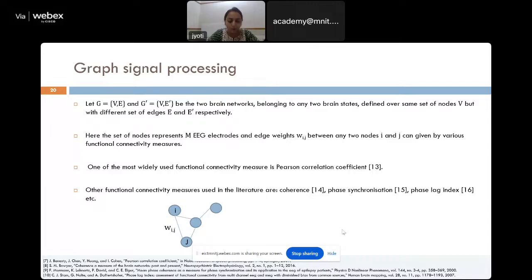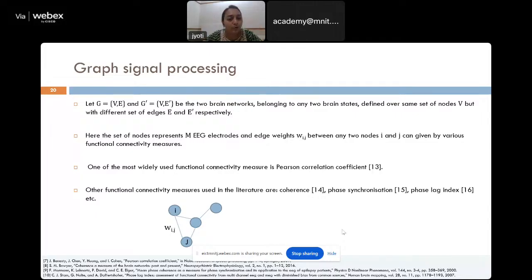Basically what we will do is take brain signals, EEG signals, where many sensors will be there. We consider the sensors or the EEG electrodes as nodes in my work, and the interconnections, the connections, will be the edges. We have used various functional connectivity measures in order to find the edge weights.